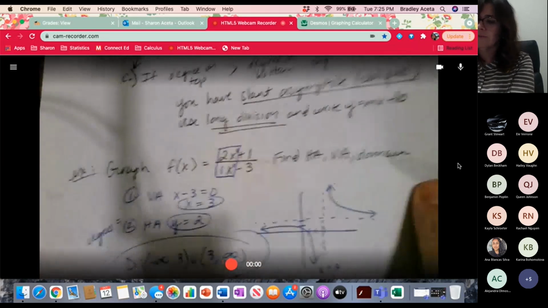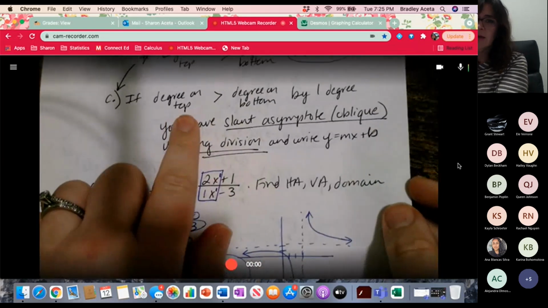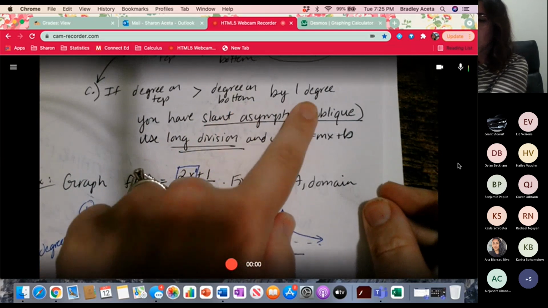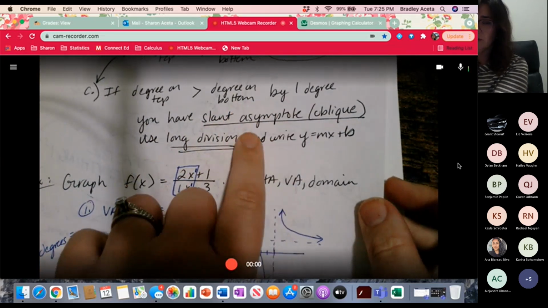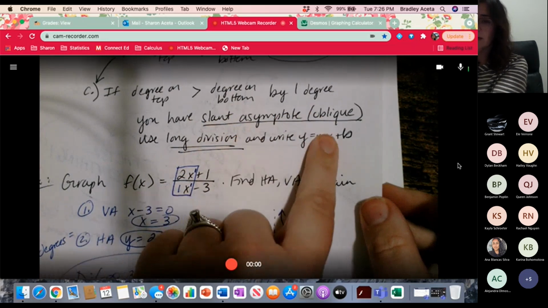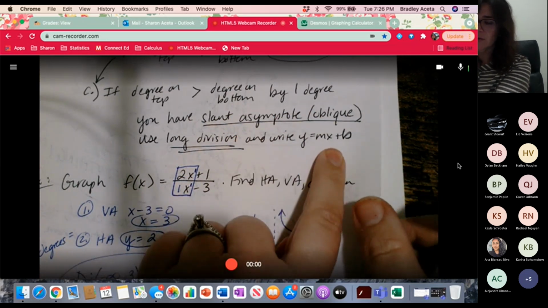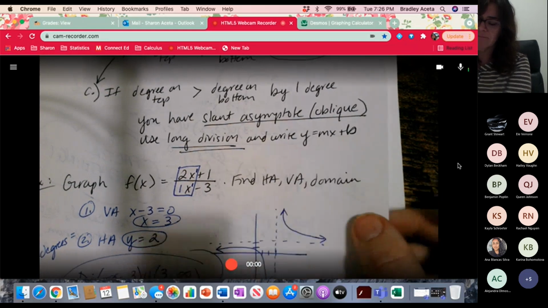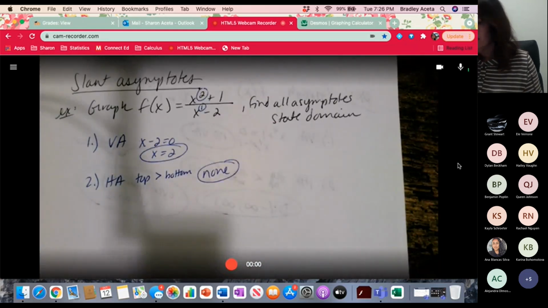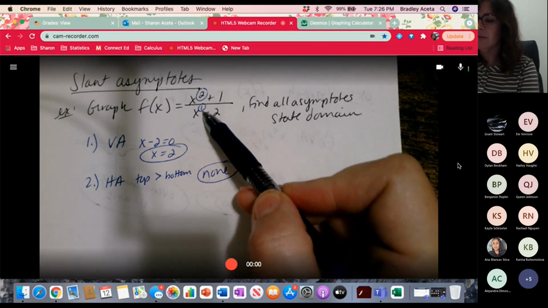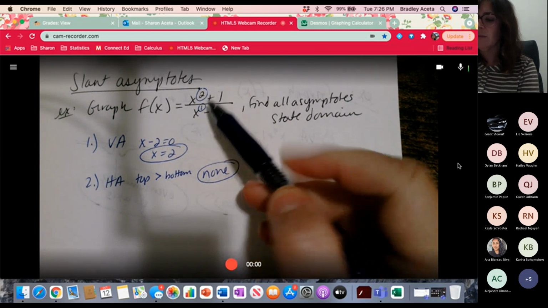But wait, if the degree on top is bigger than the degree on the bottom by 1 degree, you have a slant or an oblique asymptote. And you have to find that oblique asymptote in the form of y equals mx plus b. So we have a degree on top bigger than degree on bottom by 1.